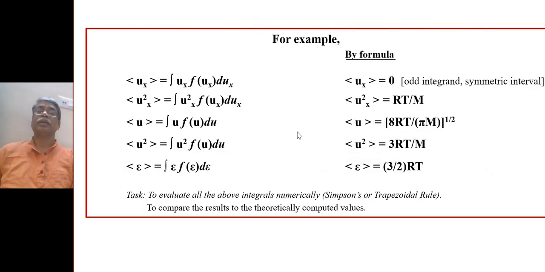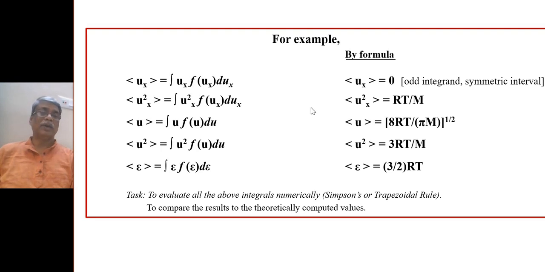So for example, we know that if you use the distribution functions we have discussed, three: one is fux, another is fu, another is fe. So average energy you can calculate using fu, the three-dimensional speed distribution function. We can evaluate either the u average or u square average, and similarly for the one-dimensional distribution function, you can evaluate either ux average or ux square average.